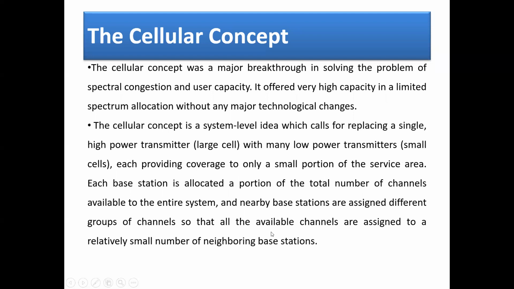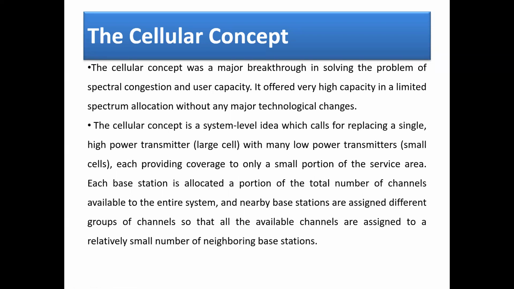Based on these assumptions, the cellular concept was a major breakthrough in solving the problem of spectrum congestion and user capacity. It offered very high capacity in a limited spectrum allocation without any major technological changes.